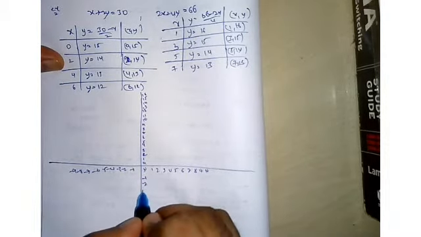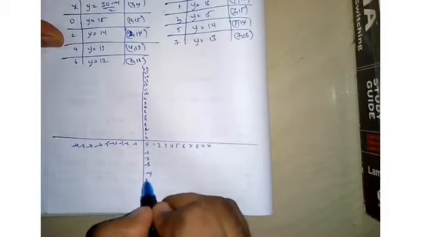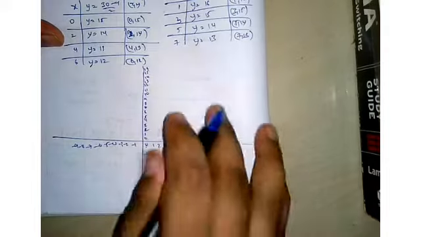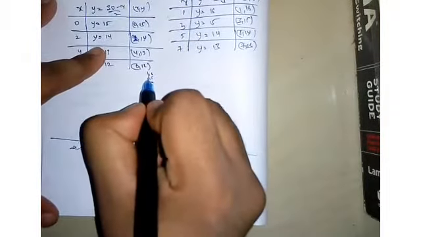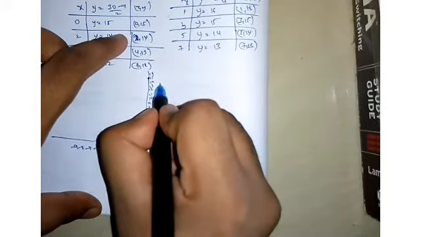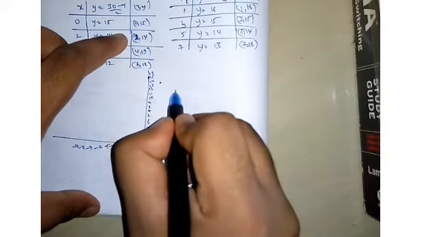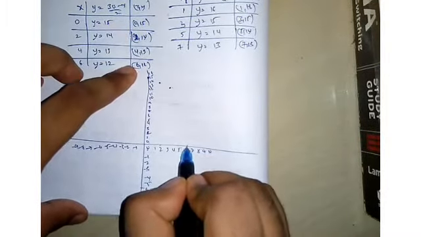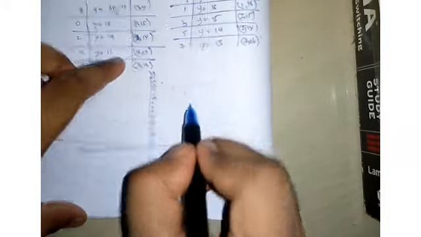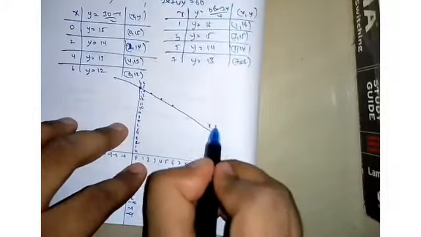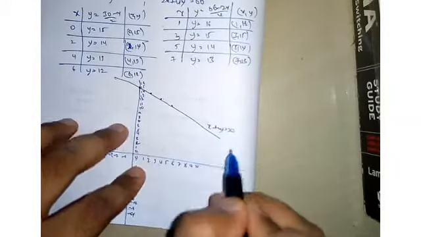So this point of the first graph, 0 comma 15, will be somewhere here. 2 comma 14, somewhere here. 4 comma 13, 6 comma 12. So if you join these points, you get a line like this. This is x plus 2y is equal to 30.